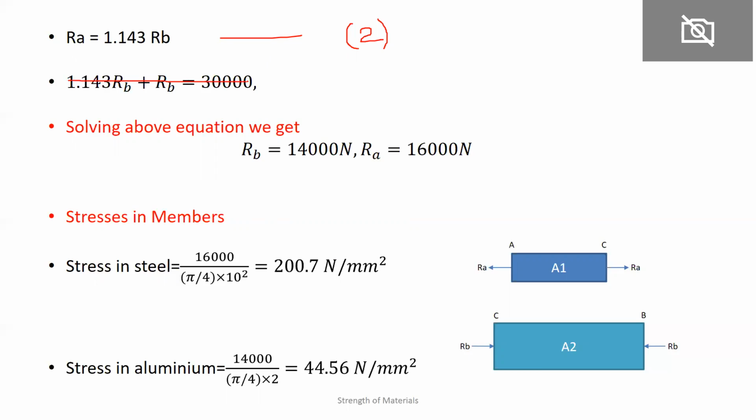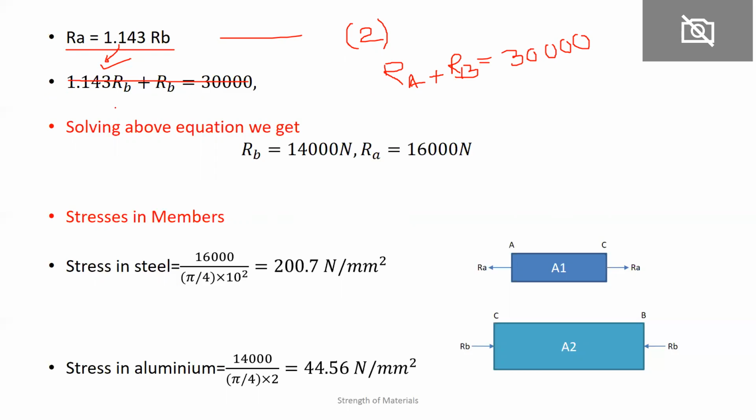R_A plus R_B is equal to 30 kilonewton; this equation is obtained from the equilibrium equation. Now substitute the R_A value: R_A is equal to 1.143 R_B, so 1.143 R_B plus R_B is equal to 30,000.